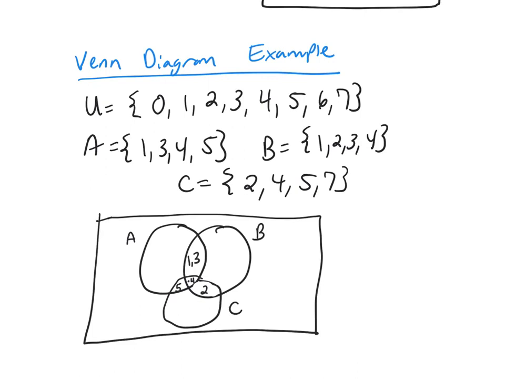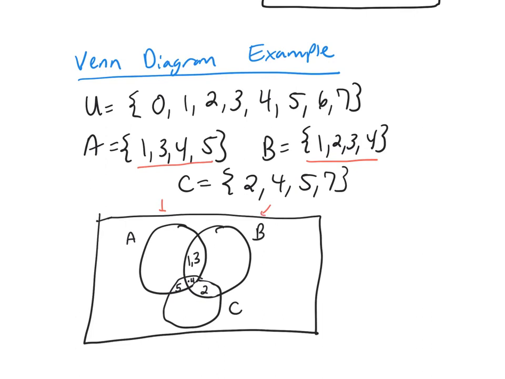Now you're going to look at each set individually. So let's look at A. It has 1, 3, 4, and 5, which I've already got in my picture there. Inside of the A circle, I already have 1, 3, 4, and 5. Now let's look at B. B has 1, 2, 3, and 4 in it, which I've already got included in my B circle.